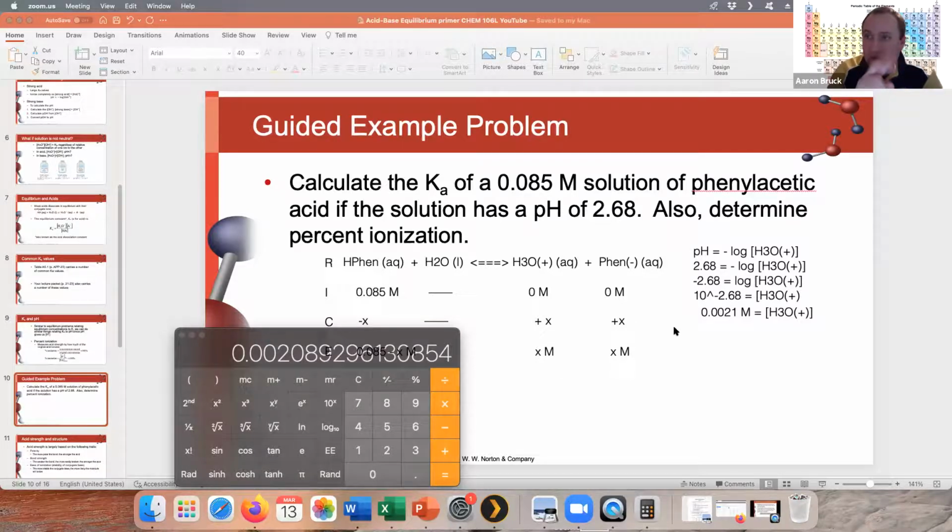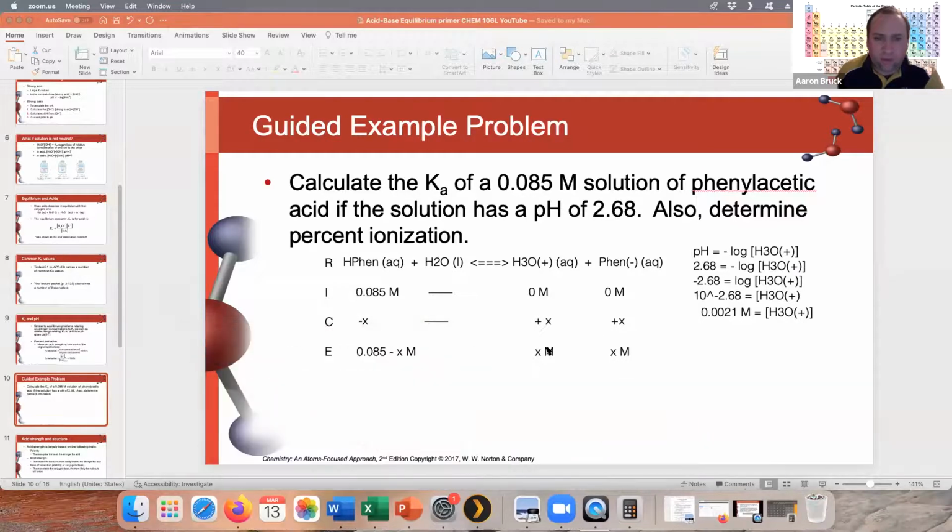That means that we're going to have 2 significant figures in our concentration. So with that now all in place, we know that this is our concentration of hydronium, which is also equal to our X value, which means that we can now finish off the bottom line.